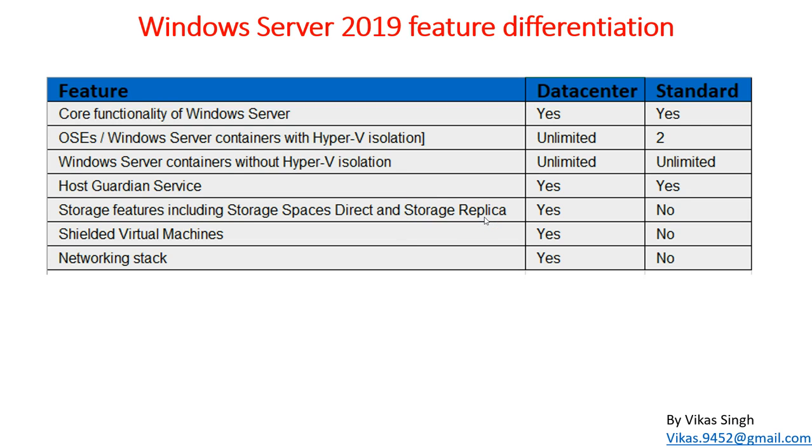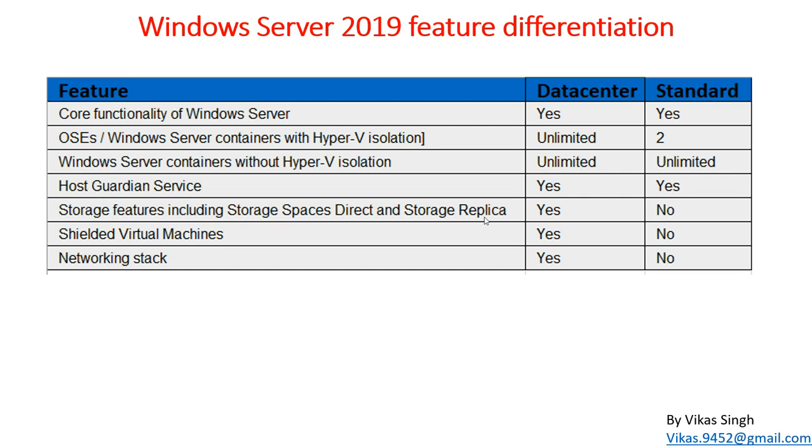This is going to be one of the main differences between Datacenter and Standard. So the Standard operating system does not support Storage Spaces Direct or Storage Replica. It's not going to support these two advanced features which Windows Server has in the Standard edition.